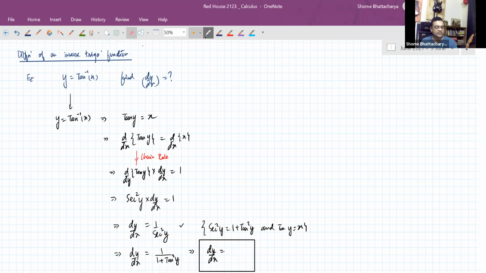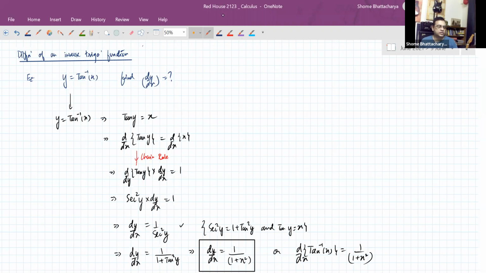At our level of basic calculus for physics, when we come across an inverse trigonometric function, instead of treating it like a new formula, we can just use chain rule like this. Okay. So differentiation of the function tan inverse of x comes out to be 1 upon 1 plus x square.